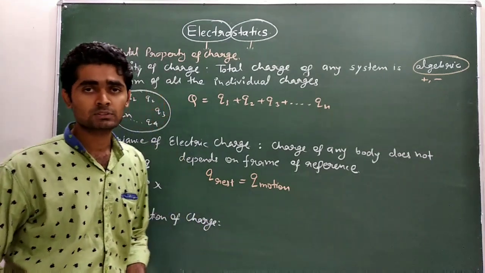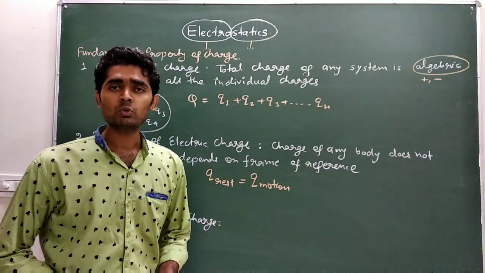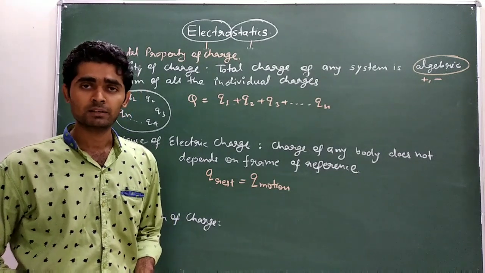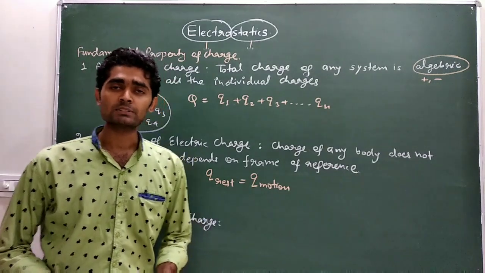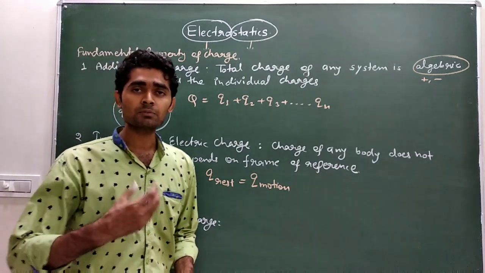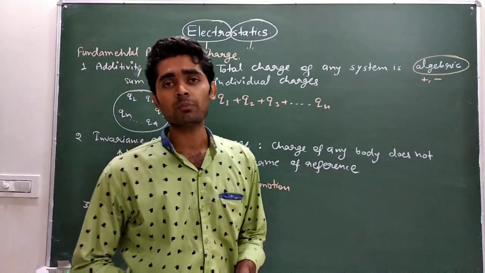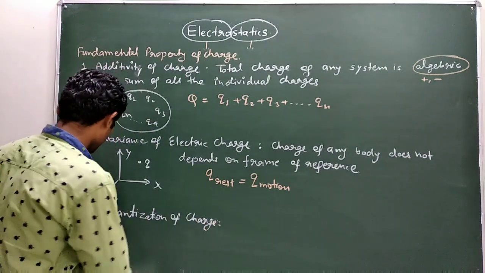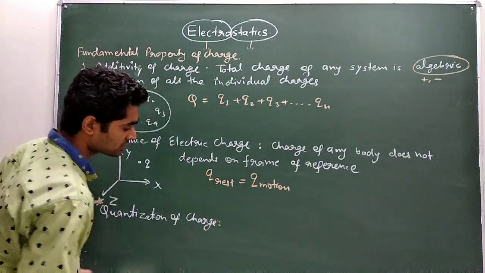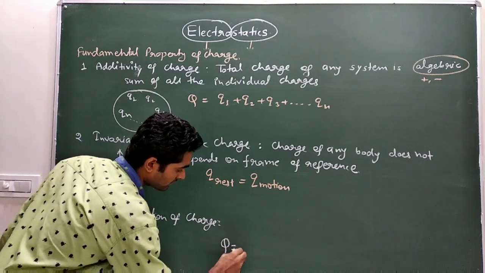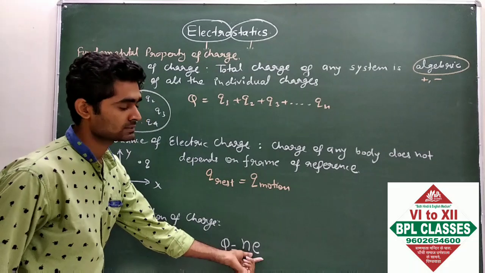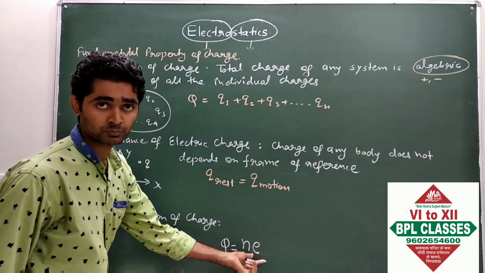Quantization of charge means if we want to transfer charge from one body to another body, then we can transfer charge only in the form of integer multiple of electron. If I want to transfer charge Q, then it will be integer multiple of E, that is charge on electron.